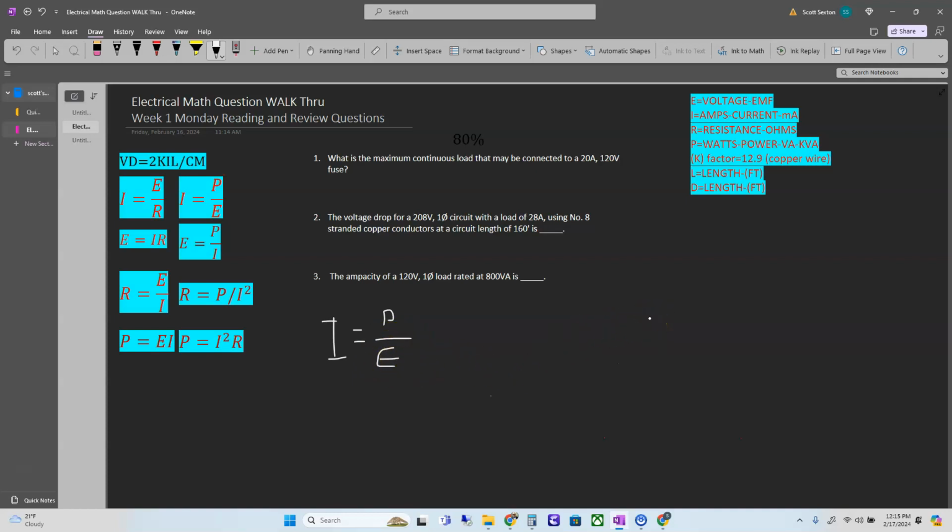So let's come back over here and fill in the numbers. I equals our P, which was in VA, that's power, so it's 800 divided by 120.